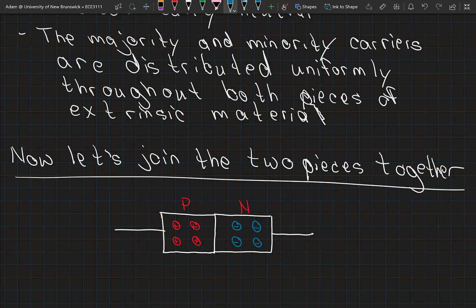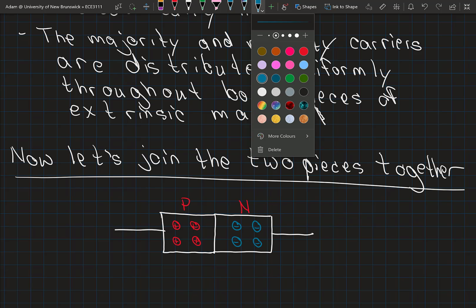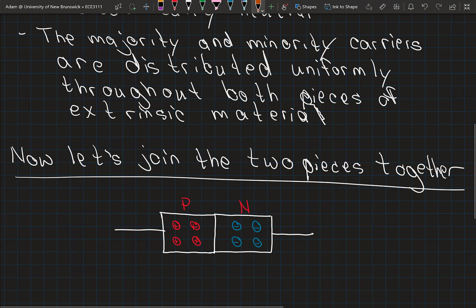These negatively charged electrons are going to want to move to the left, and this is to counteract what is now a very clear concentration gradient between the two halves of the material.